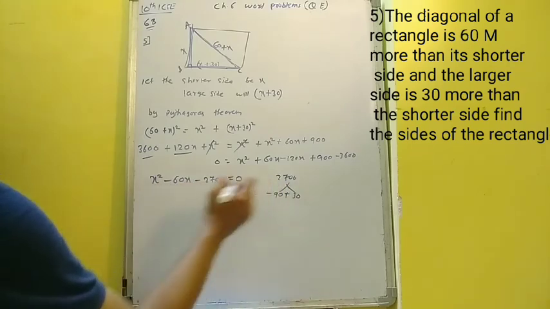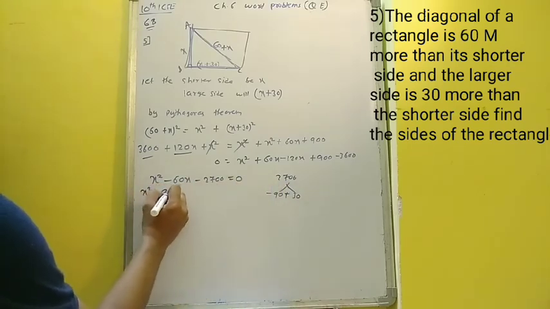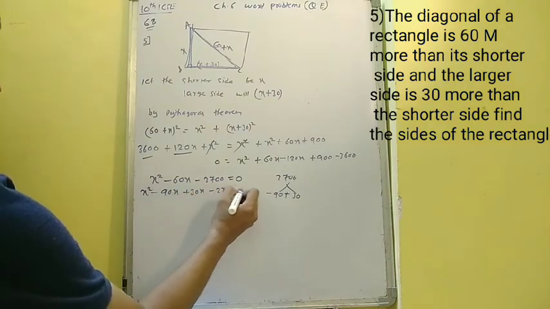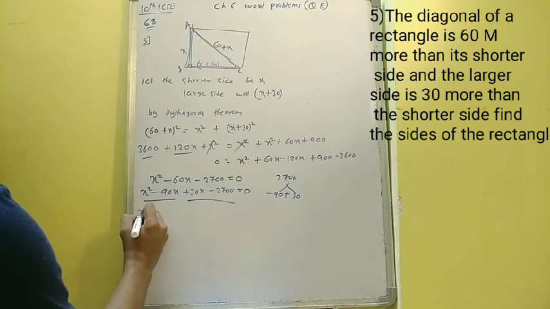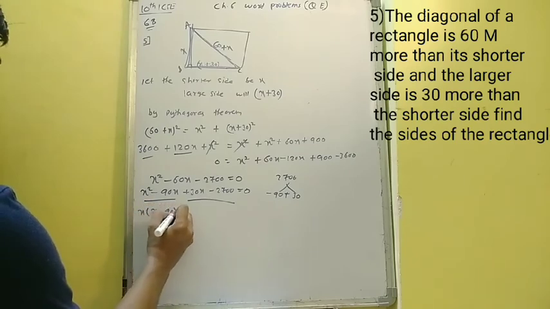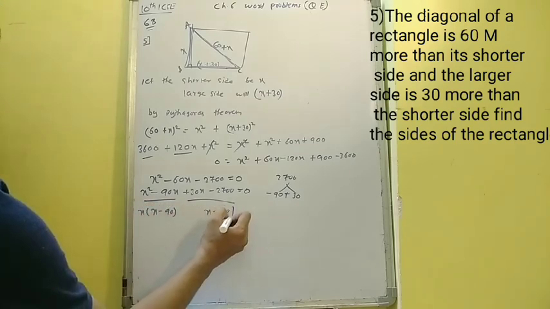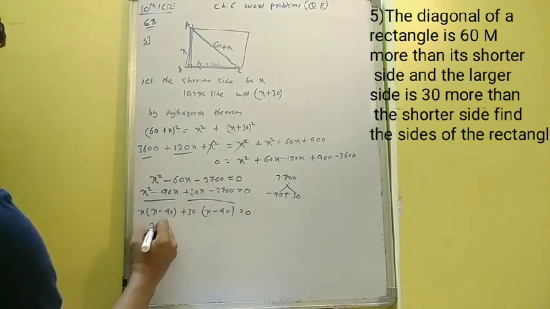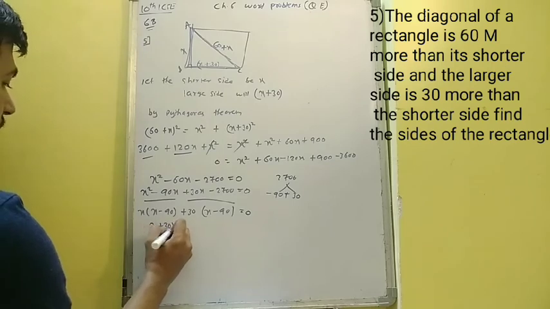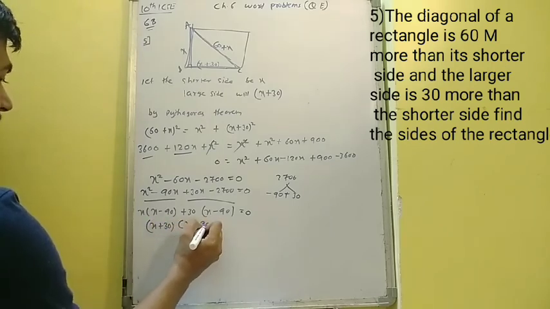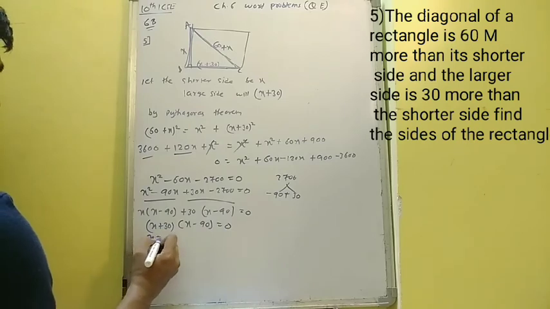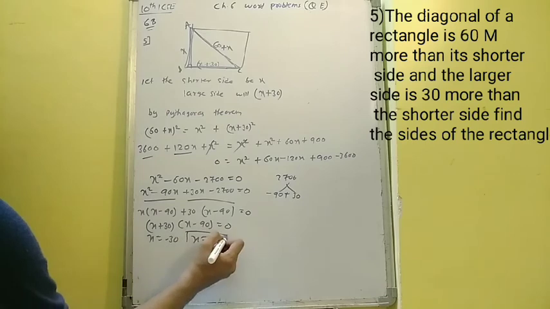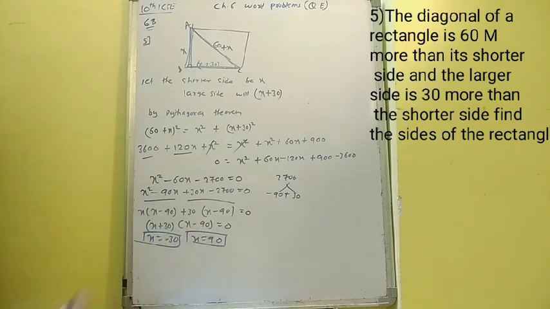So x square minus 90x plus 30x minus 2700 is equal to 0. Taking x common, x minus 90. Here also x minus 90, taking 30 common. So x plus 30 and x minus 90 is equal to 0. x is equal to minus 30 and x is equal to 90. Therefore x is equal to 90.